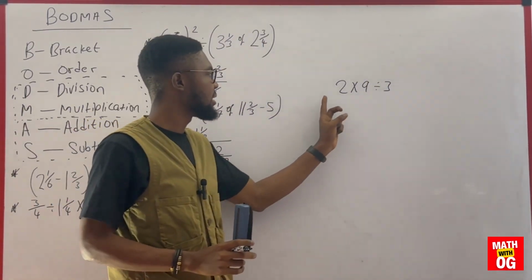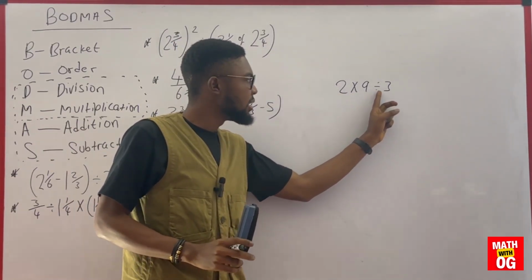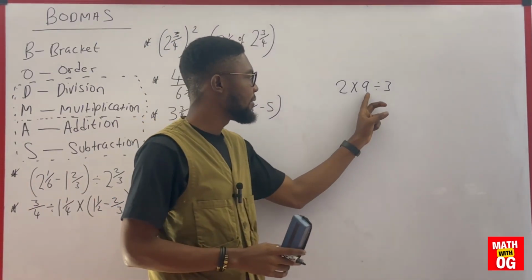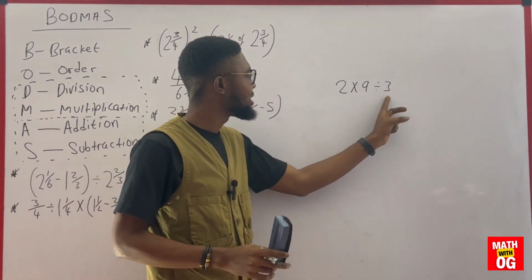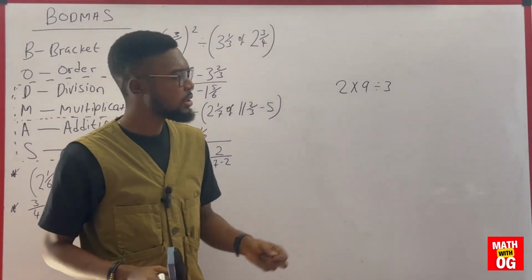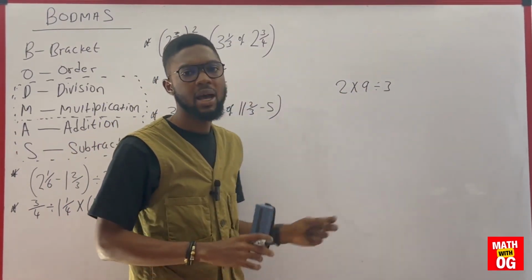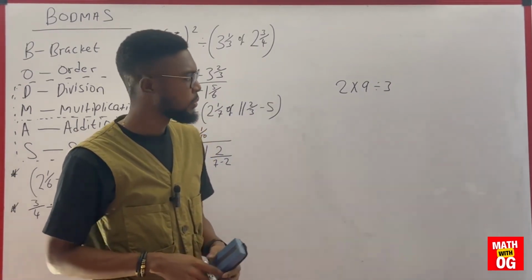A says that 2 times 9 is 18, 18 divided by 3 is 6. B said no, I want to do 9 divided by 3 first, which is 3. That 3 multiplied by 2 is also 6. So whether I multiply before dividing or I divide before multiplying, my answer is the same.